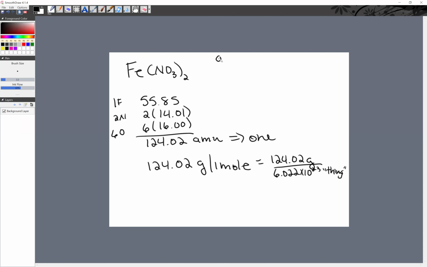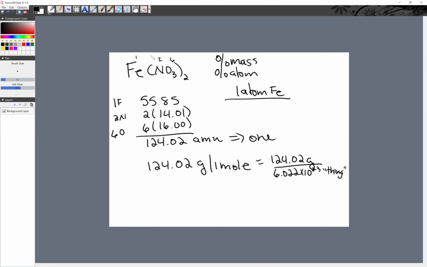Now the key is what kind of percent do you want? You actually have to be told because it's not part of the definition. And so do you want mass percent? Do you want atom percent? So generically, if I wanted atom percent, there's 1 atom of iron, then 2 of those, 6 of those, 1 of those.